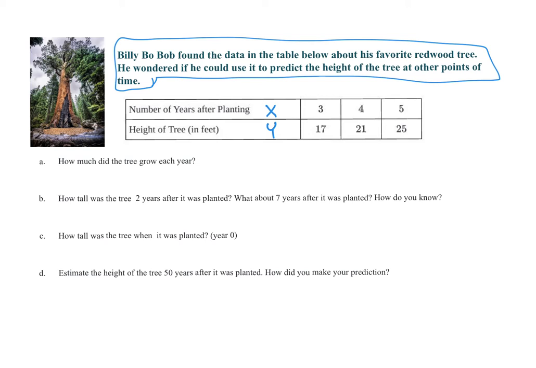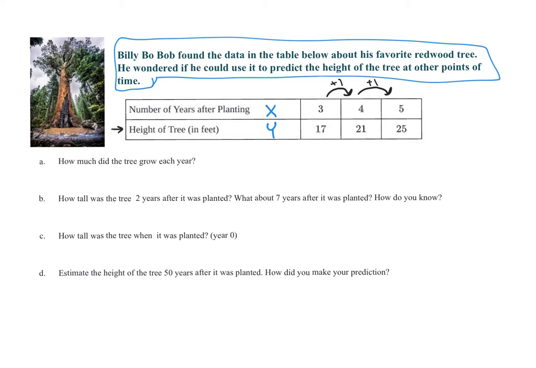So we are being asked first, how much did this tree grow each year? So since we're looking for growth, we really want to look at our height of tree in feet, or our y values. And so our table is growing by 1 year, right? Because for each x, every time x adds 1, let's see what's happening to our y's.